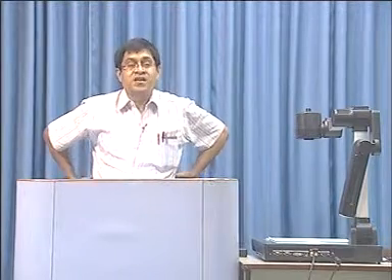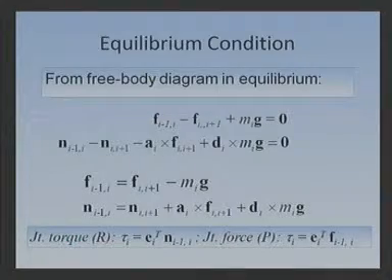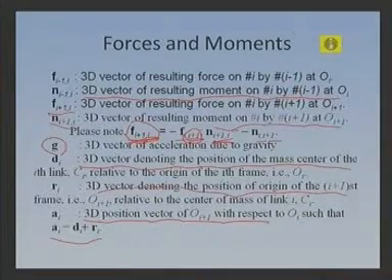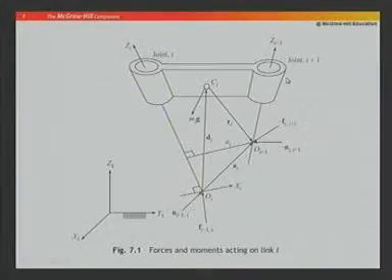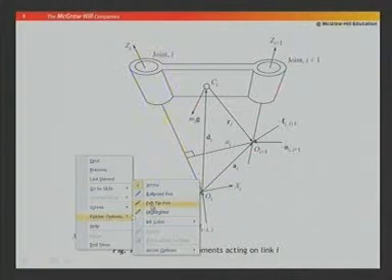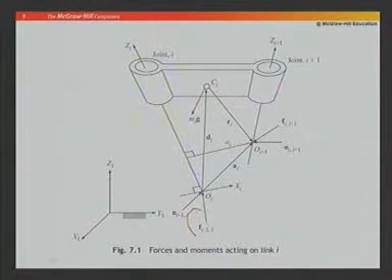Okay, so now what we do is the free body diagram. That means one link I have already shown you. Now let us write the static equilibrium equations. The first one is the force equations. So we go back and see what forces are acting on it. If you look at this diagram, one force is here, the force which the (i-1)th body applies on the ith body.